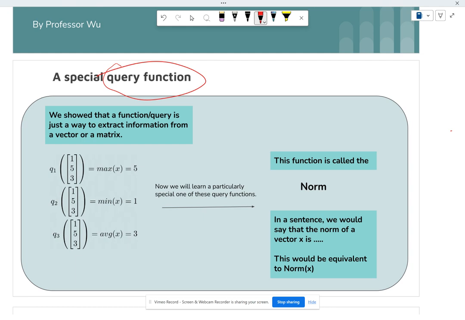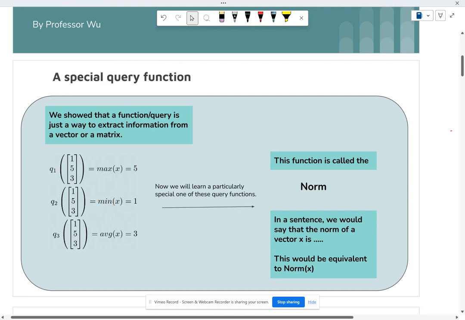Instead of the traditional way we look at functions, we see functions as a way of extracting information from some kind of data. We have seen Q1, how to get the maximum value, max of X, or the minimum value. These are essentially just functions that give you interesting information about the vector.